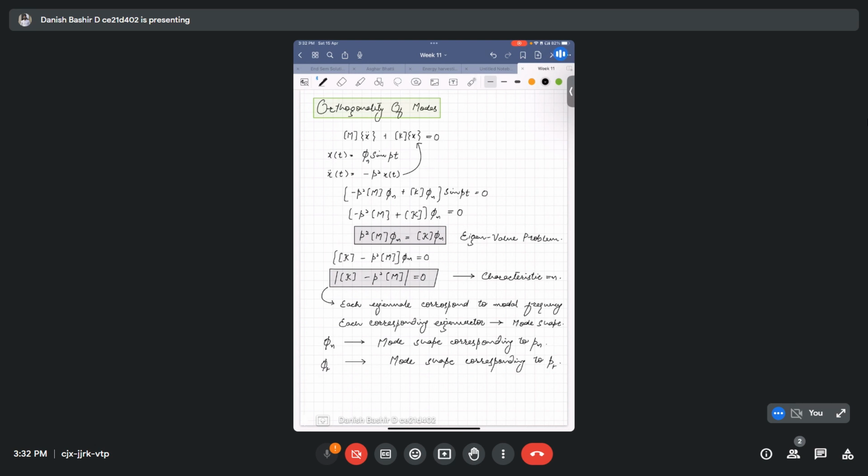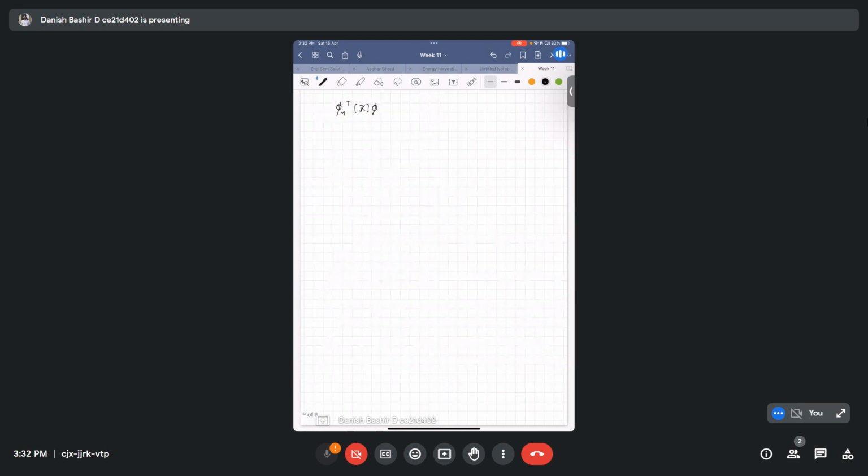So it reads that phi n transpose k phi r is equal to 0 and phi n transpose m phi r is equal to 0. This is the modal orthogonality.